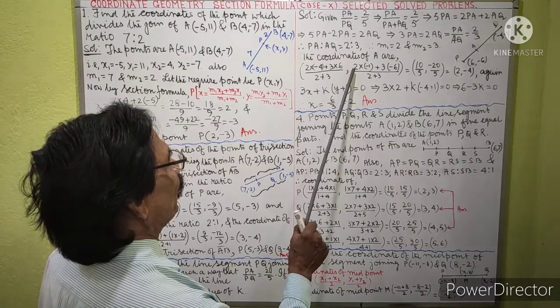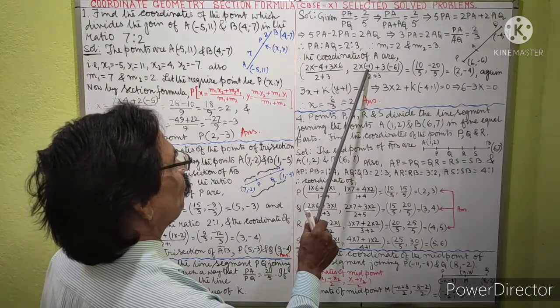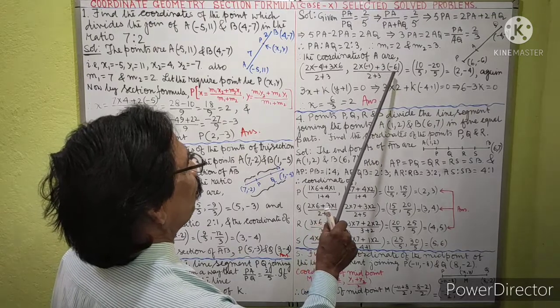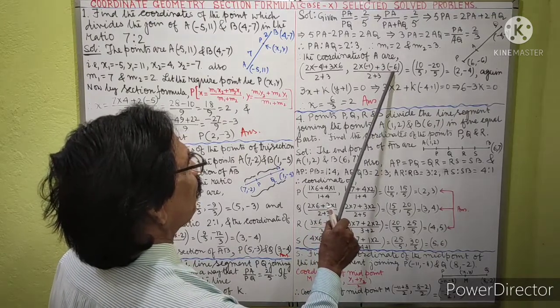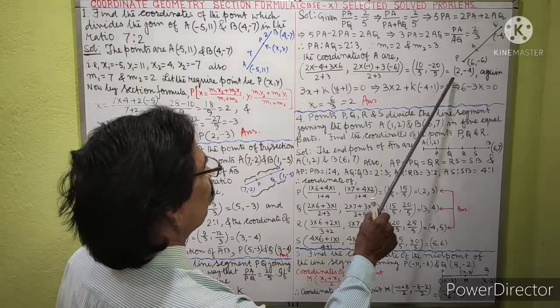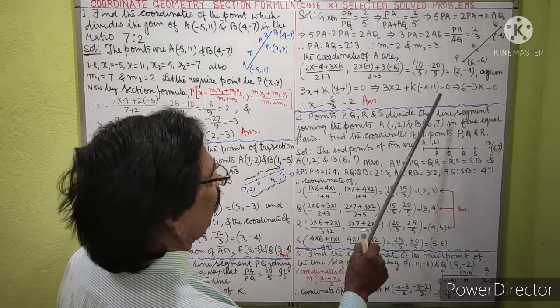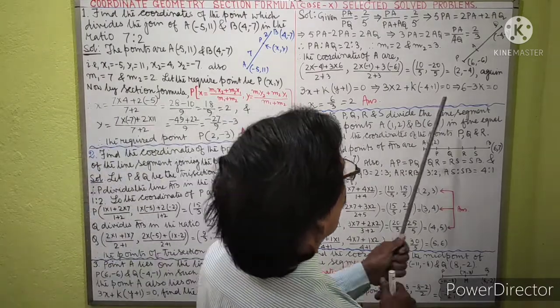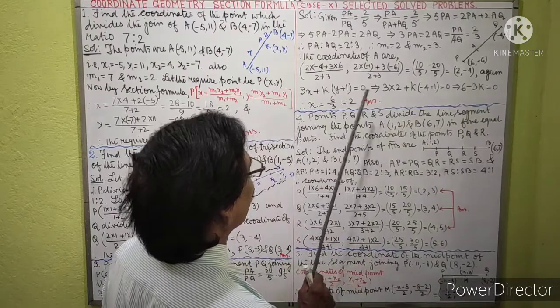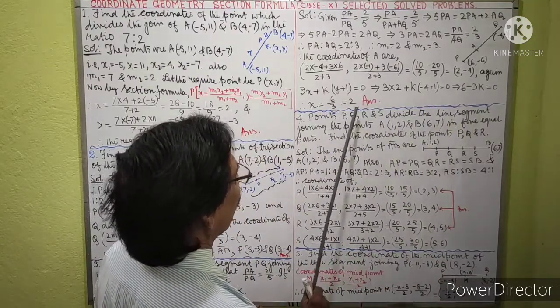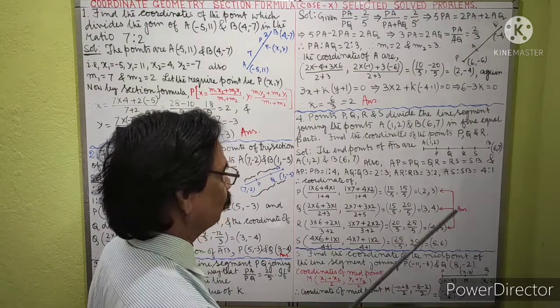Similarly m1, 2 into y2, minus 1, and m2, 3, and y1 equal to minus 6, divided by m plus n, which is 2 minus 4. Therefore the point A will be 2 and minus 4. Putting x equal to 2 and y equal to minus 4, we will get k equal to 2.